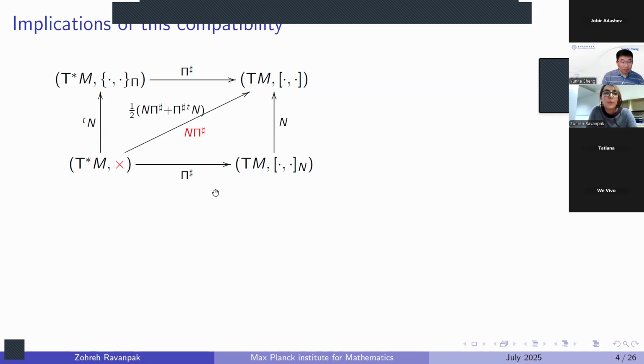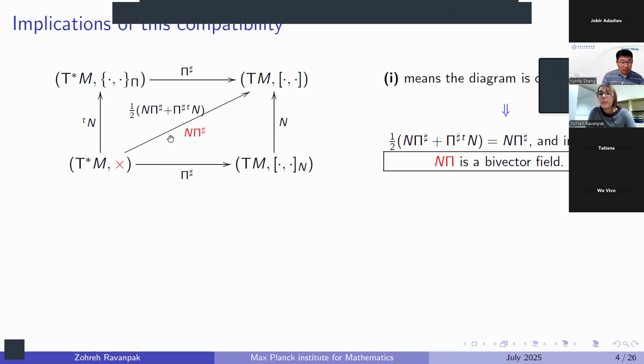This is a composition of the maps N, pi sharp, and N transpose, which is the transpose of N on T star M. Also, we have a map in the middle, obtained by composition of these linear maps. The first condition tells us that this diagram is commutative, so the map in between is simplified to N pi sharp.